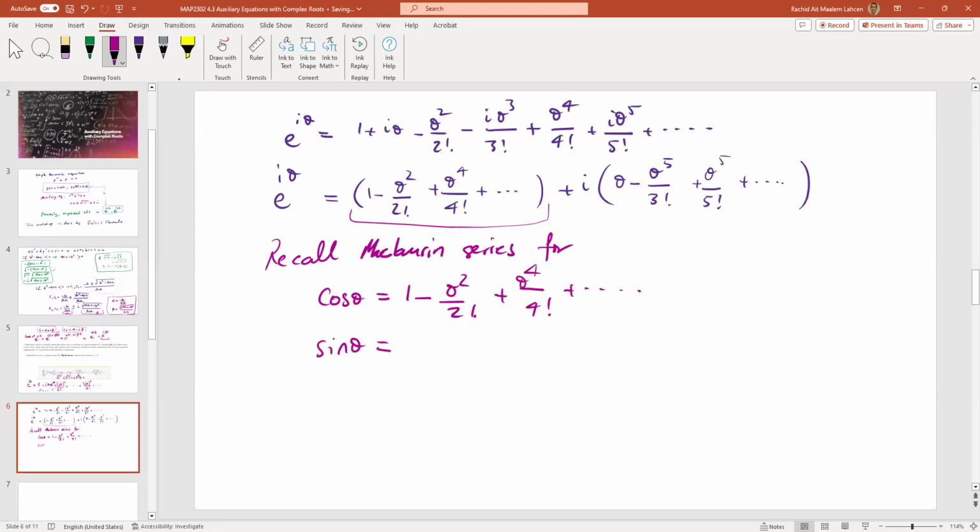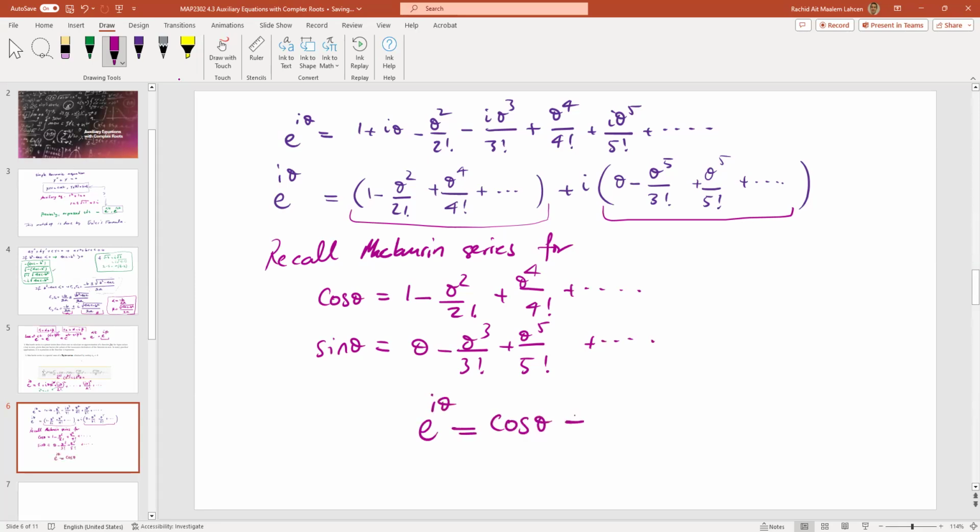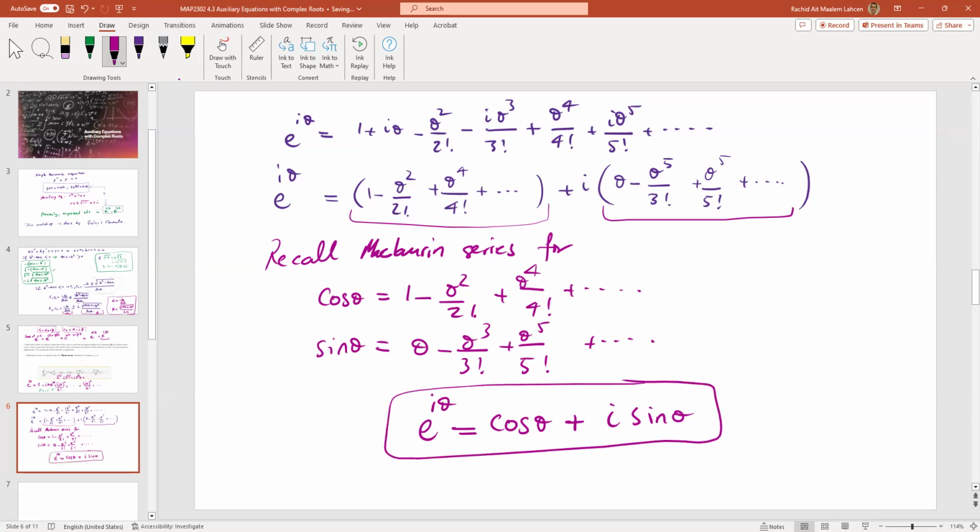Then if you recall, sine of theta is theta minus theta cubed over 3 factorial plus theta to the 5th over 5 factorial plus this, which is really this. So what we have here is Euler's formula, which is cosine theta plus i sine theta. And of course, let's write it here.